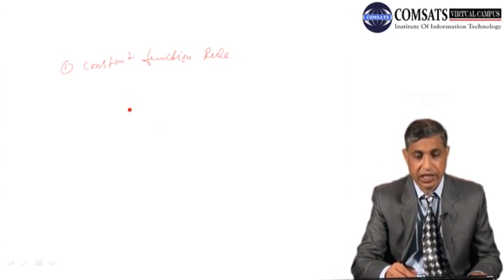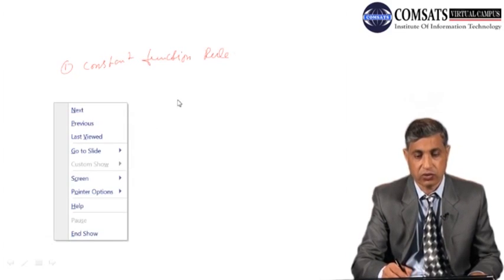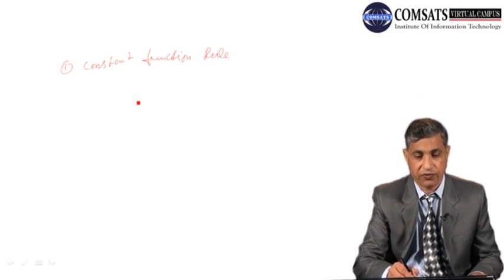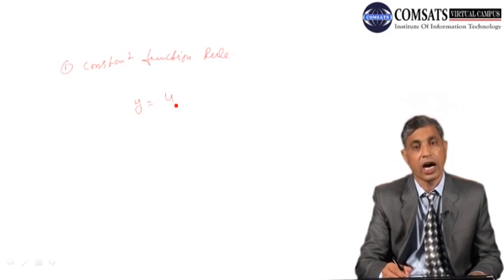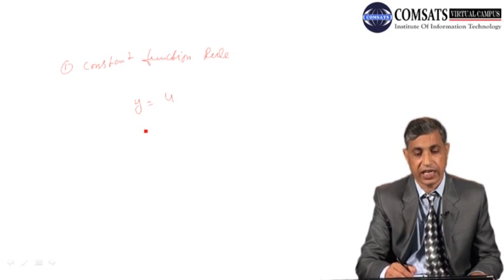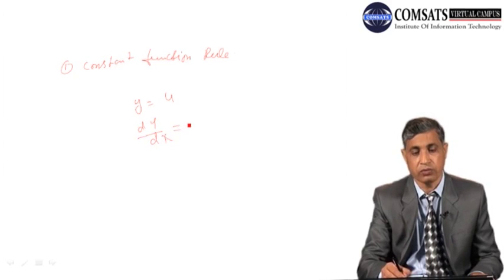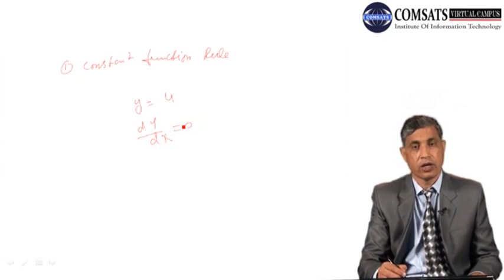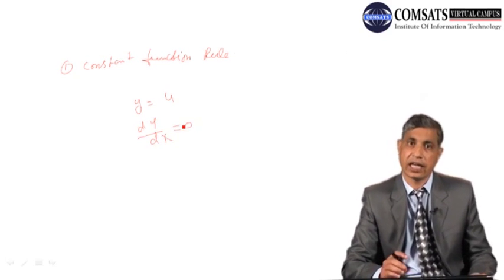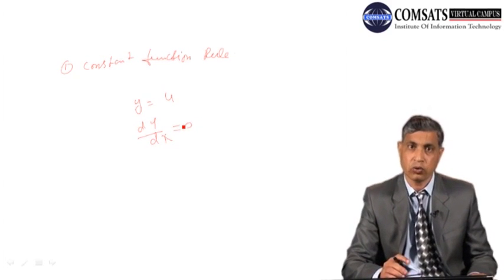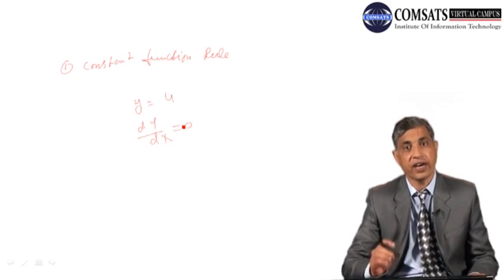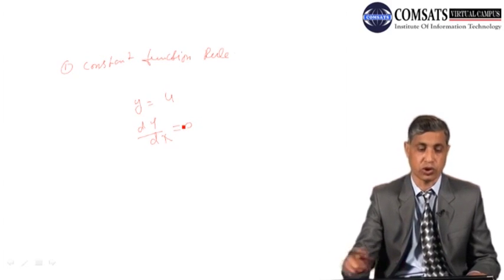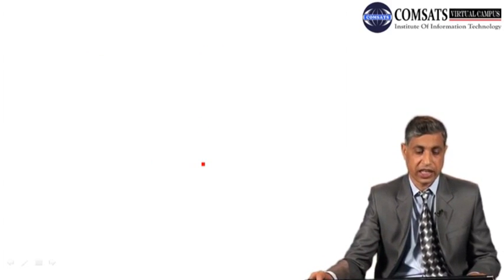For example, if y is equal to 4, and I take the derivative of y, dy over dx, it will be equal to 0. So the first rule, called the constant function rule, is that the derivative of any constant is always equal to 0.